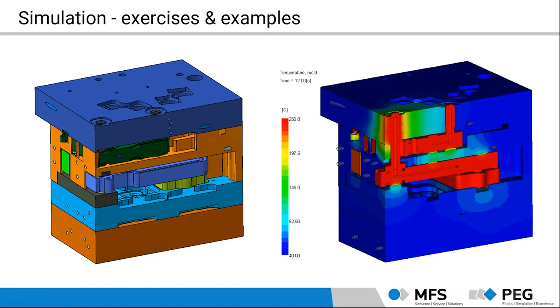And for example, we see the temperature distribution and the temperature loss from the hot runner into the mold. That is a much more complex situation than before. Just to give you an overview about the training, what you can expect, what will be the agenda of this new training we offer.